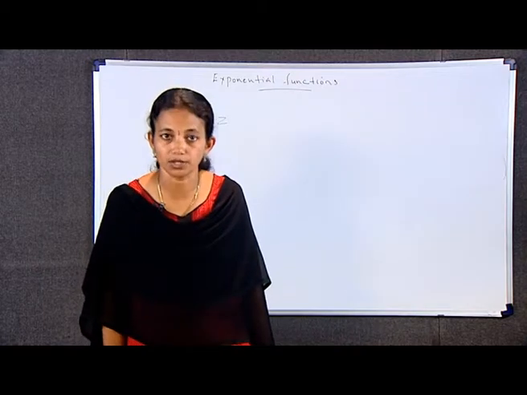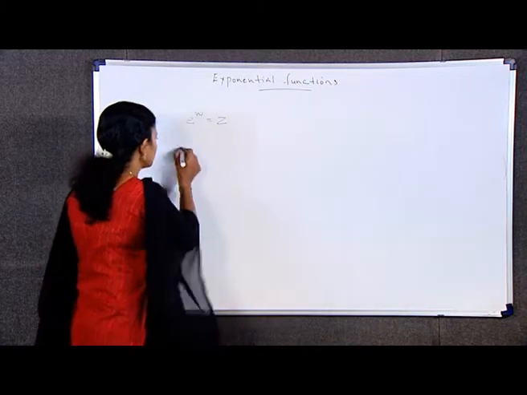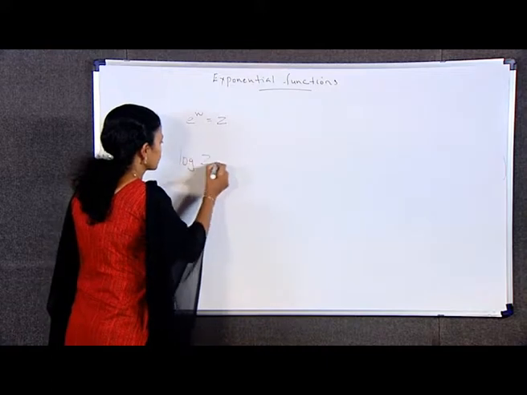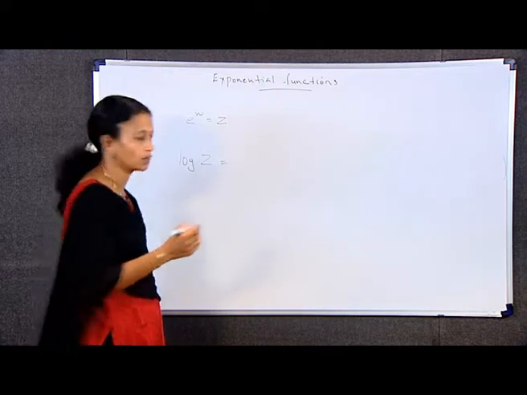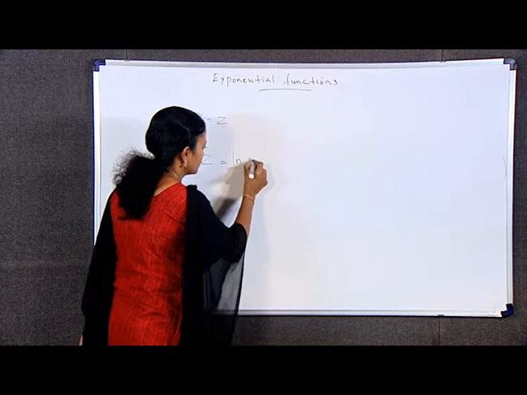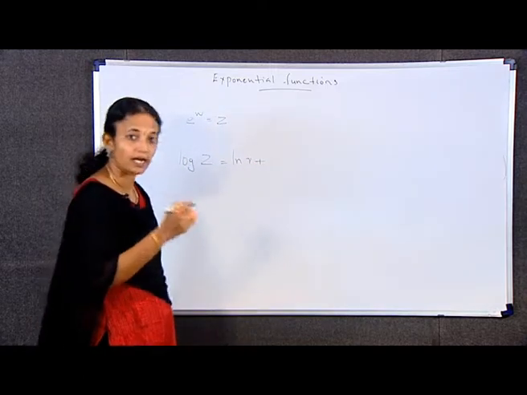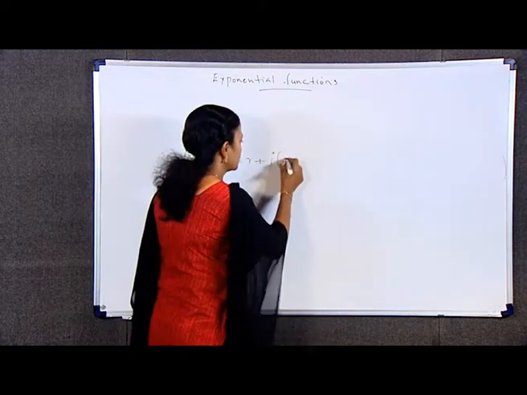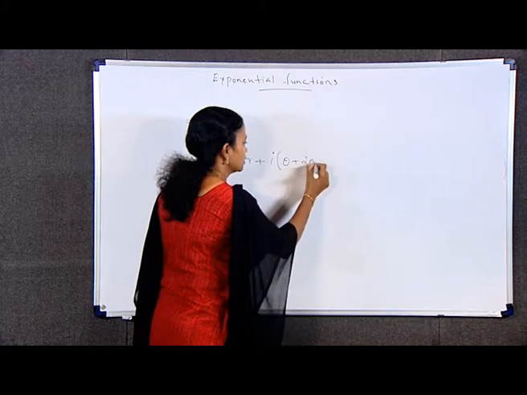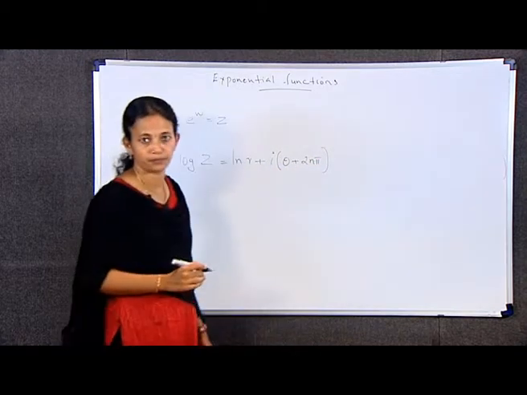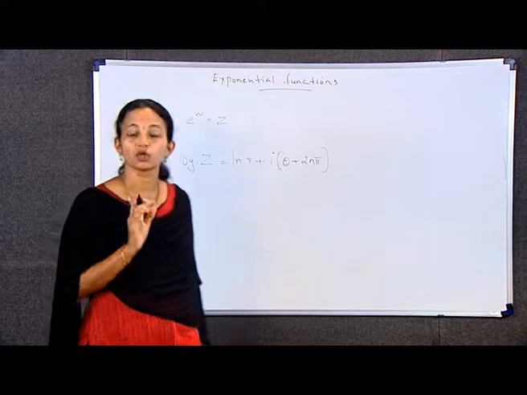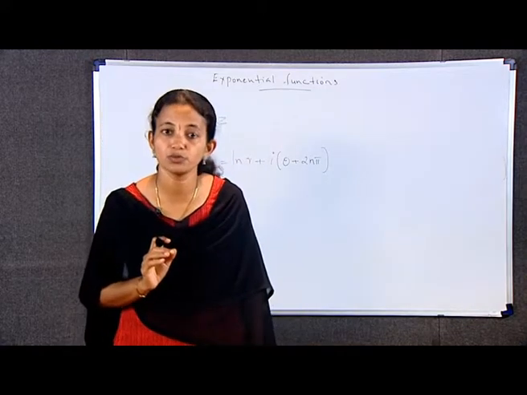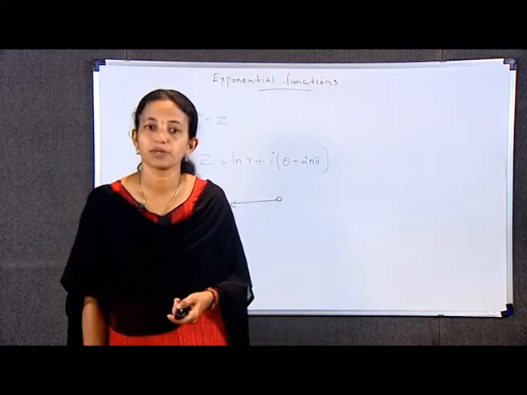by means of the equation log z is equal to ln r plus i into theta plus 2n pi, where n varies from 0, plus or minus 1, plus or minus 2, etc. We have some remarks.